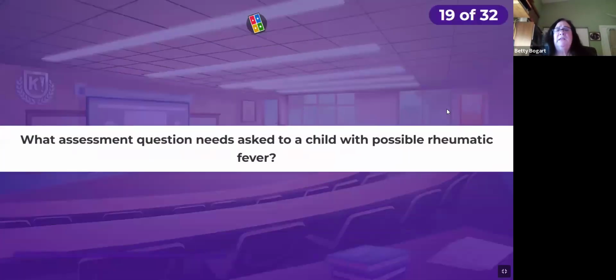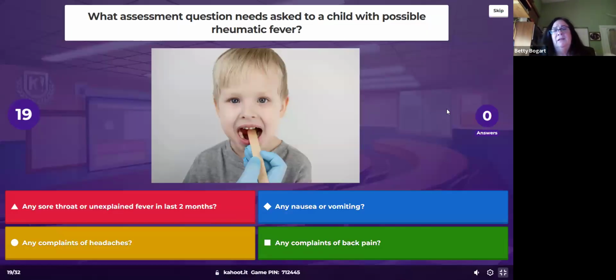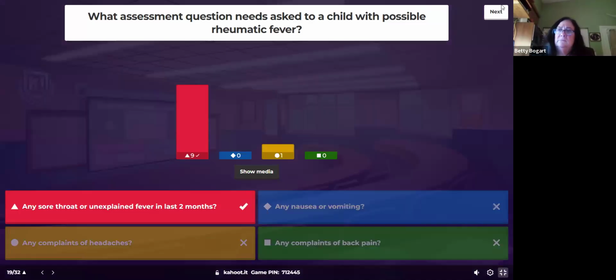What assessment question needs to be asked to a child with possible rheumatic fever? This is a question that could be left for the next part of our lecture or last week, right? But what is rheumatic fever? What is it caused by? Remember, rheumatic fever could be caused by a strep infection.